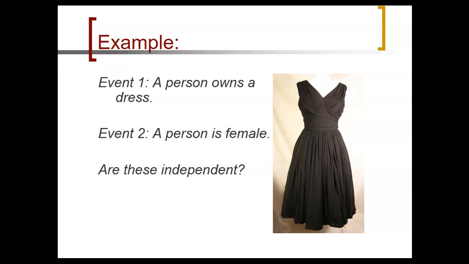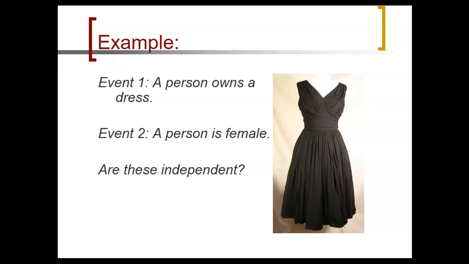I think that if I knew that the person was female, it would be a lot more likely that that person owns a dress. It's possible to own a dress if you're not female. It's possible to be a female without owning a dress. But it's more likely that somebody owns a dress if they're female. And it's more likely that they're female if they own a dress.